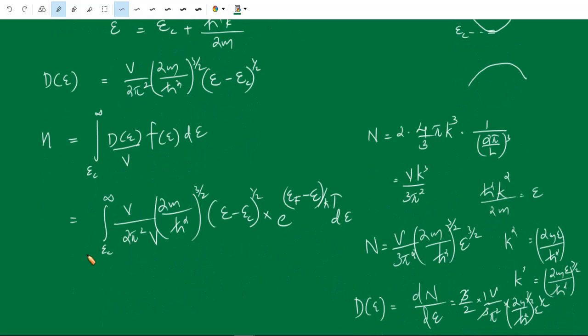So this is the number density. So we can take all the constants outside. V and V get cancelled.